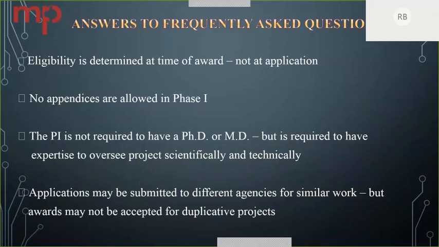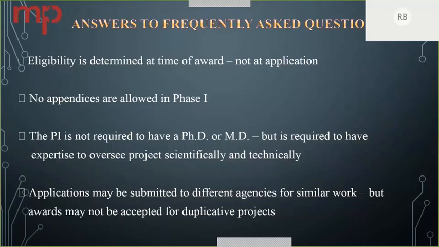These are just comments that I'm making. I'm answering frequently asked questions. Eligibility is determined at the time of award, not at application. Appendices are not allowed in phase 1. The PI is not required to have a PhD or an MD, but is required to have expertise to oversee projects scientifically and technically.